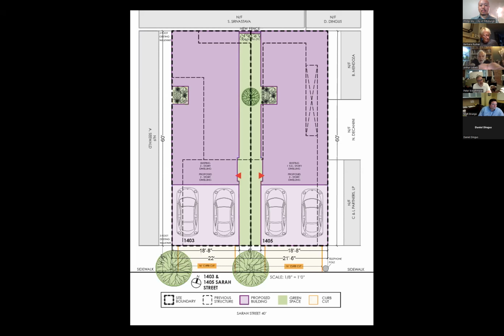It touches the back property line and the west property line. This is 1405. It's some feet off, I don't have a scale, but it's not on the property line. And the side is about 2.5 feet off the property line.